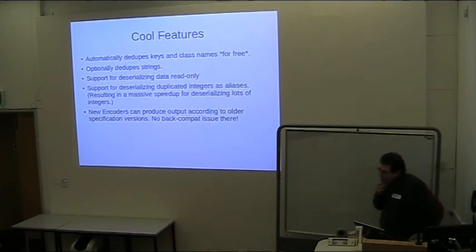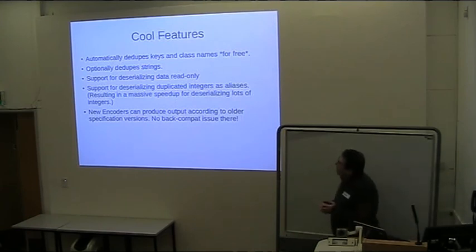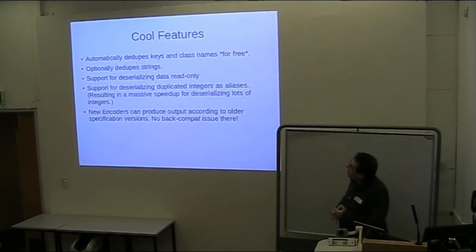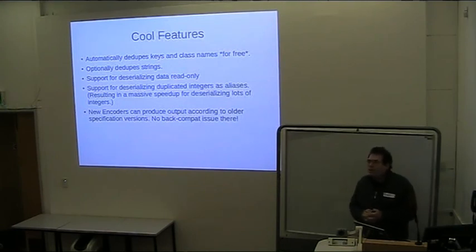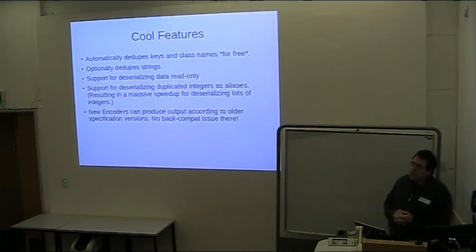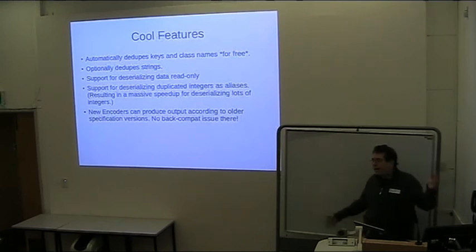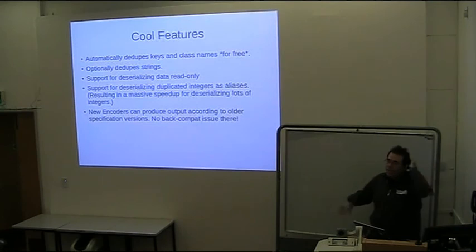So another really interesting thing is this next one, deserializing duplicated integers as aliases. This is a kind of interesting example where we have some processing systems that basically use Sereal to write out arrays with like hundreds of thousands of integers in them, okay? And we use this for various aggregation processes and stuff like this.